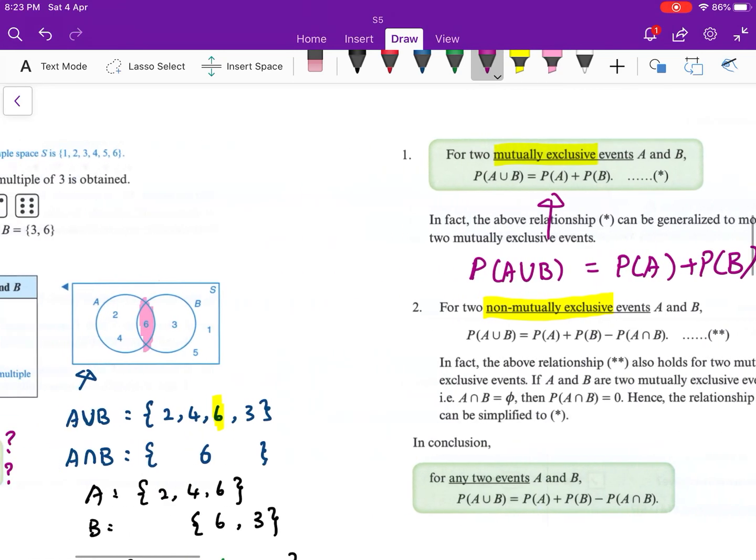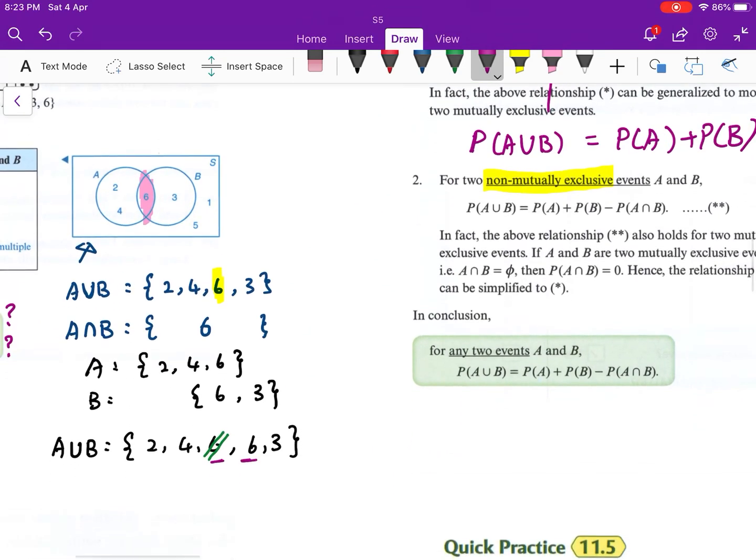Look at the example I just gave you. If you really do probability A plus probability B, you can see that you double count the 6. How can we negate this? Just reduce our error. We won't double count it.